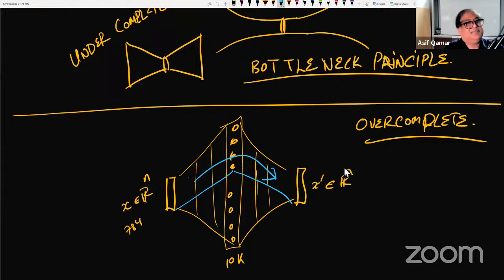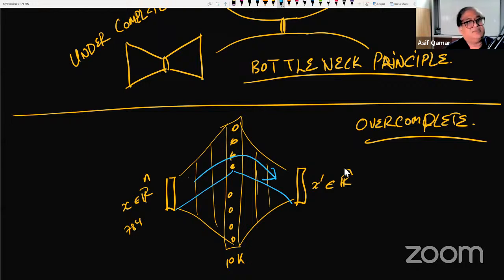But how about this? What if we could have the cake and eat it too? What if you could take an overcomplete autoencoder and somehow force it to learn? Can we do that? So there are various tricks to do this.